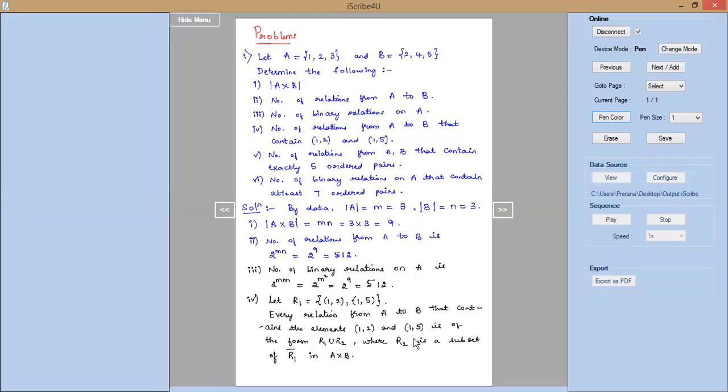Now we are taking R2 as a subset of R1 complement from A cross B.